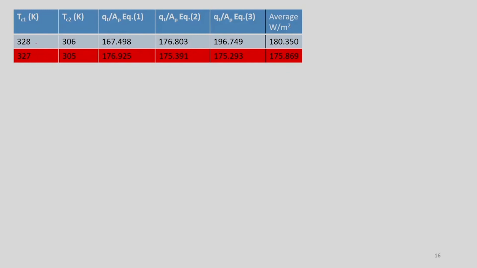Okay. So, if 328 was the first assumption for TC1 and 306 for TC2, then by using equation 1 we will get this value 167.498, and by using equation 2 we get 176.803, and by using equation 3 we get 196.749.